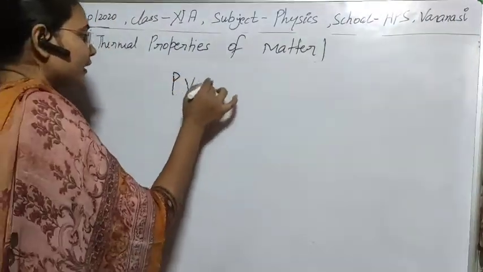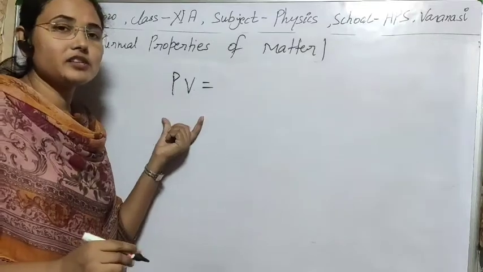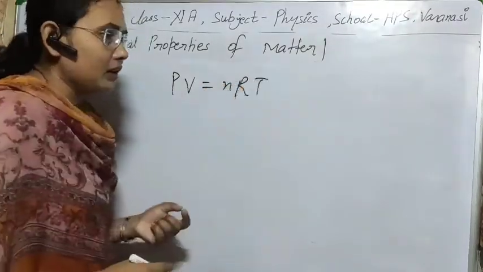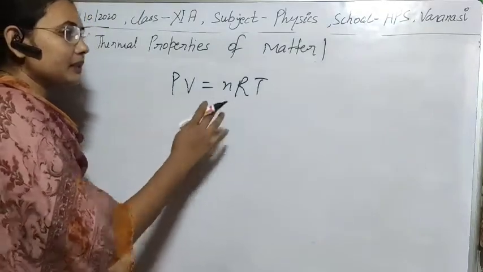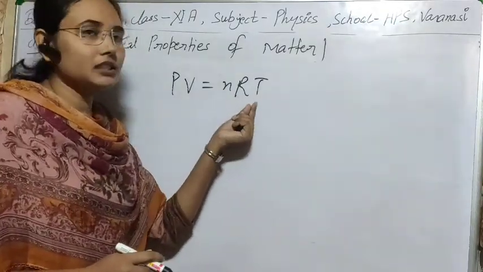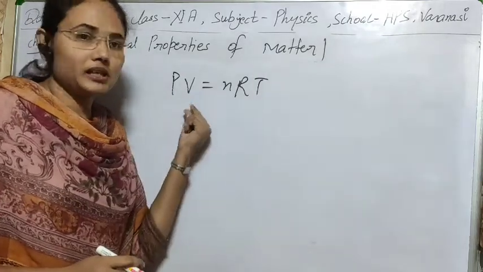As we have the gas equation for an ideal gas, PV equal to nRT, suppose that at constant pressure we are changing the temperature, so there will be a change in volume.